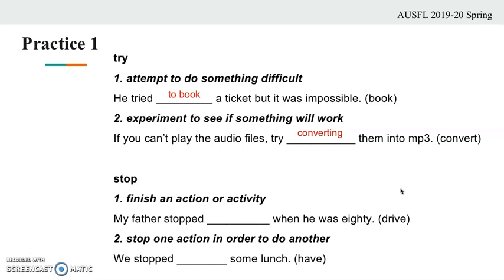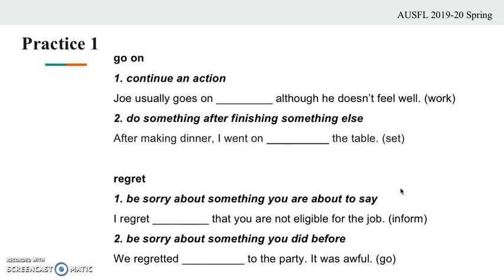Number 1, my father stopped driving when he was 80. And number 2, we stopped to have some lunch. And the last verbs, again, please pause the video and complete the sentences either with ing forms of the verbs in the brackets or the infinitive forms.